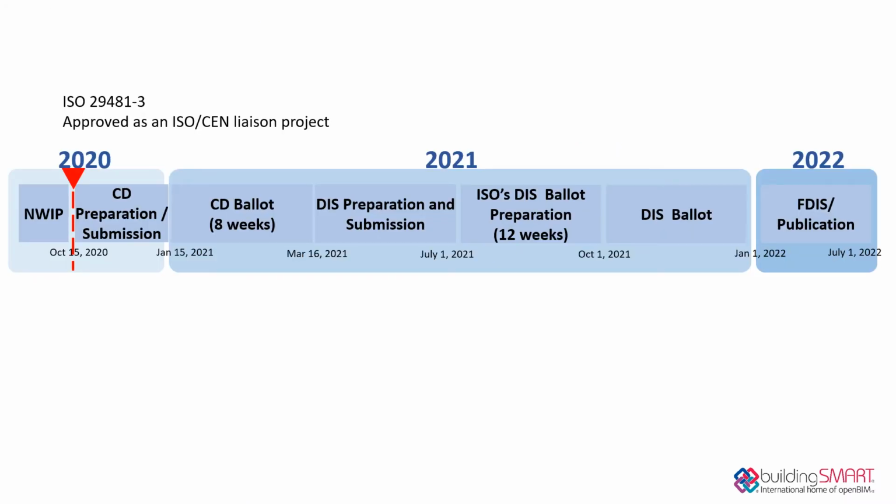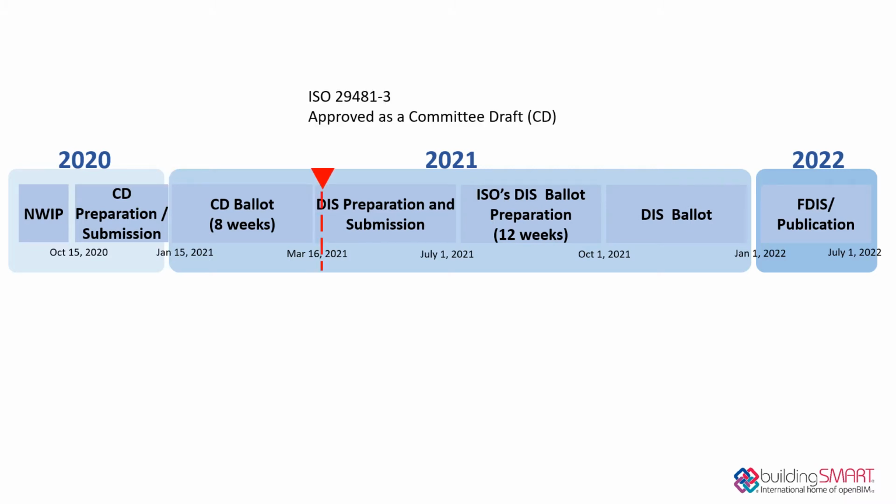In October 2020, the proposal was approved as an ISO SEN liaison project. In January 2021, a draft reviewed and modified by ISO TC59 SE13 WG8 was submitted to ISO as a committee draft. On March 16, 2021, last week, the draft was officially approved as a committee draft.